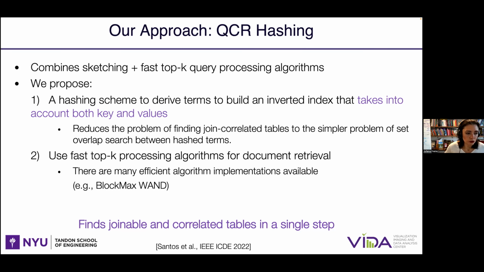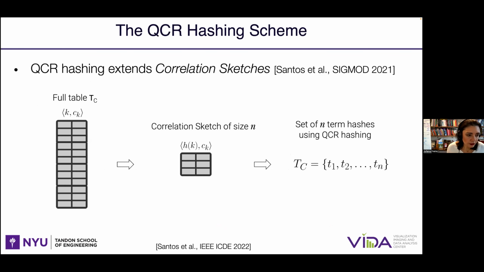By doing so, it reduces the problem of finding these correlated tables to the simpler problem of just finding set overlap. And as I said, we can use widely known and efficient algorithms for top-K query processing that have been proposed for document retrieval. So instead of having two steps, we can actually find these join correlated tables in a single step.